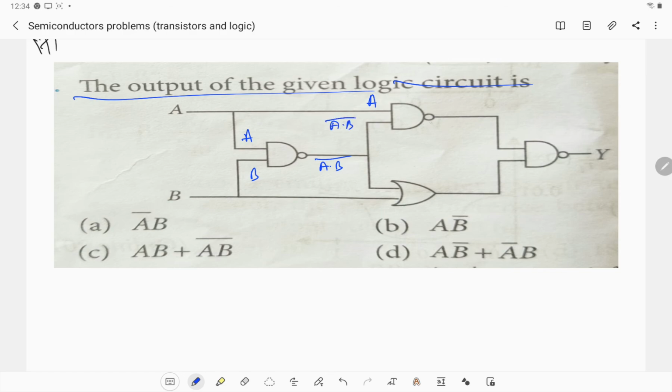Then output is NOT AND, A dot (A dot B) whole bar. And this one, (A dot B) whole bar, this is B, therefore output is an OR gate, (A dot B) whole bar plus B.